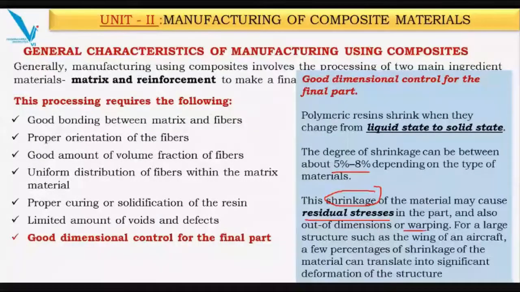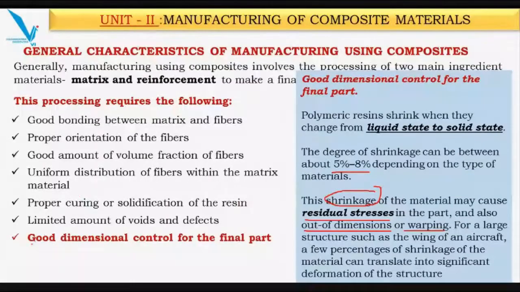So there will be warping, or the structures will be out of dimensions, and then it will create a problem. So you have to control this shrinkage properly, by selecting the proper chemical composition of the matrix. These things are very much important while manufacturing.